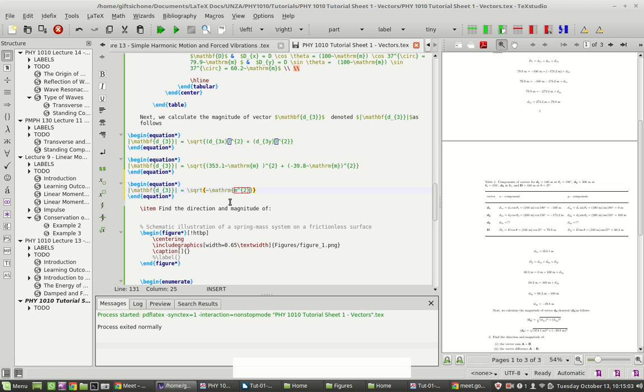I only want the stuff in the square root because we still have to work out the square root.